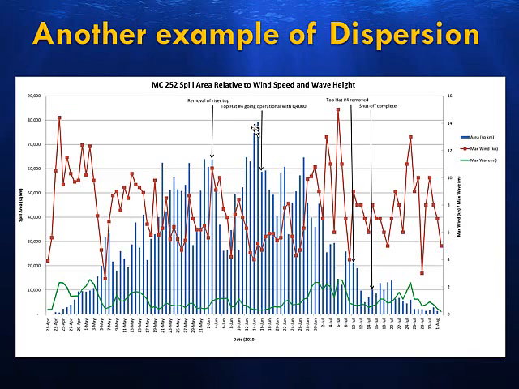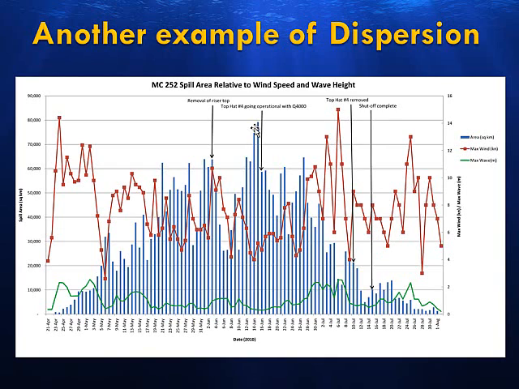This is an example from Deepwater Horizon. The green line shows maximum wave heights over time. This is April 21st. That's August 1st. There are particular things that happen during the response here. The red is maximum wind speed in the operational area, and the blue is the surface area as determined by satellite imagery, like Judd was talking about earlier.